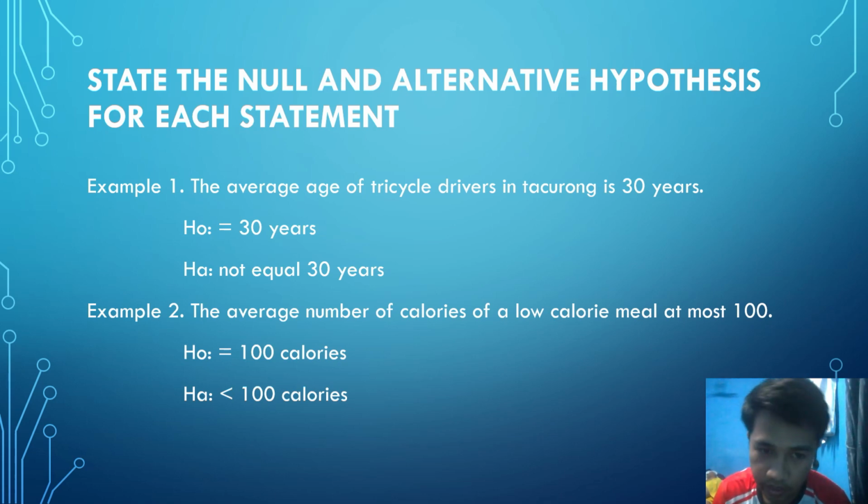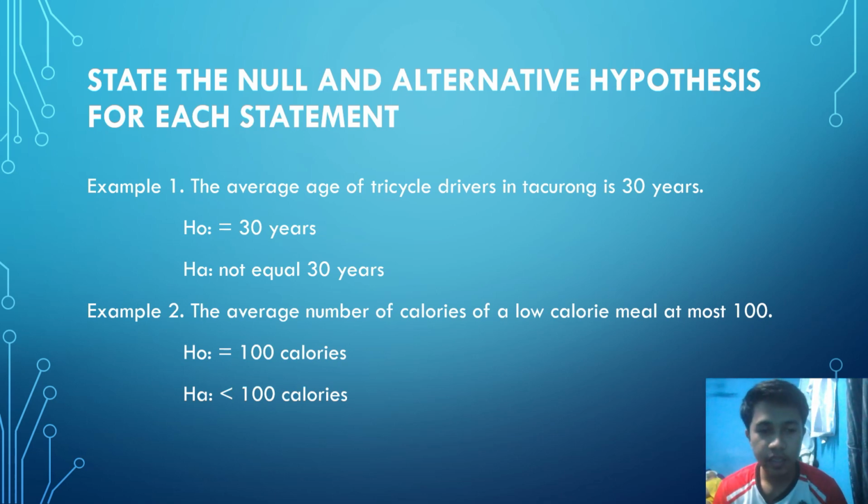Knowing that, this is the null hypothesis: 30 equals 30 years old. Then the alternative hypothesis uses the symbol not equal: not equal to 30 years old.